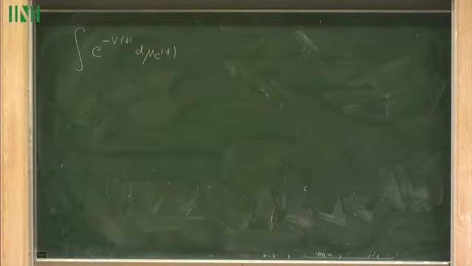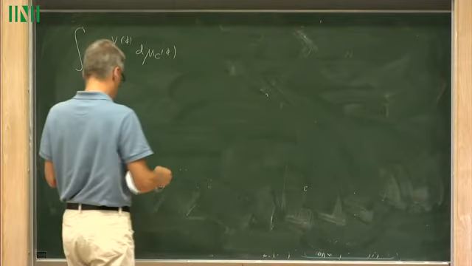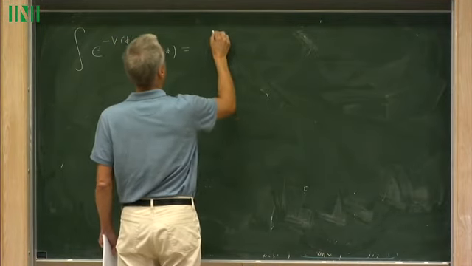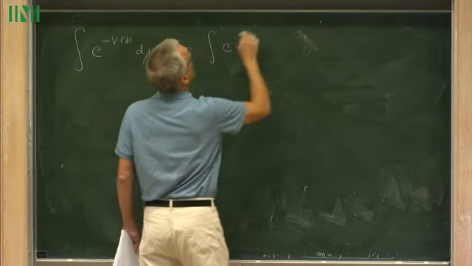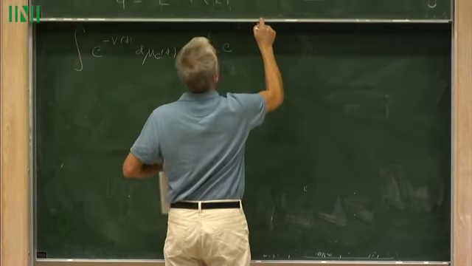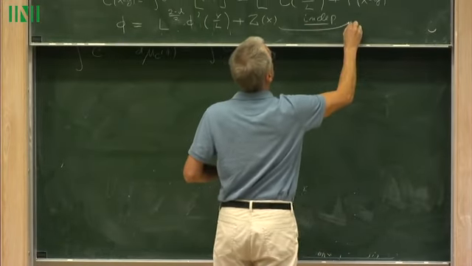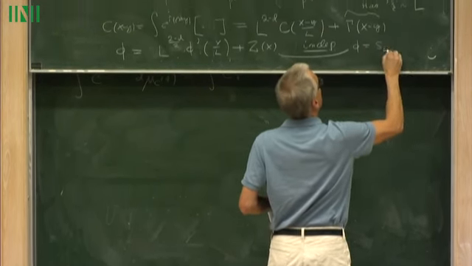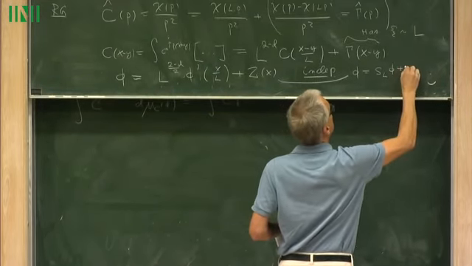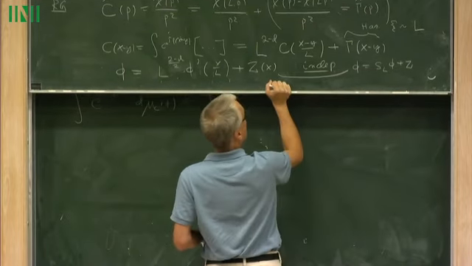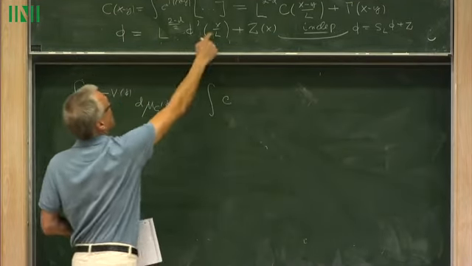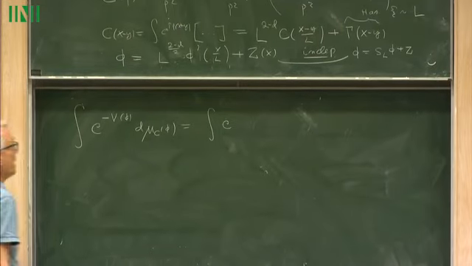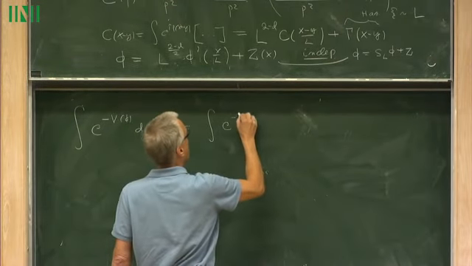Since the field is a sum of 2 independent fields, I can write this as an iterated integral. And let's give some name to this. Let's call it that phi is a scaled version of phi prime plus z. I call SL the scaling operation here. Then I have this.